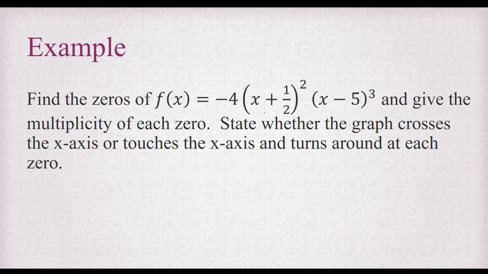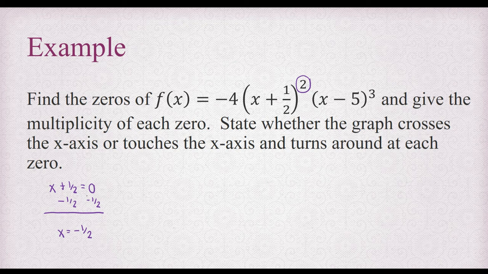But what I have in parentheses, x plus a half, I want to set that equal to 0. So x plus 1/2 equals 0. So I can then very easily solve for x. I just need to subtract a half. So x equals -1/2 is one of my zeros. Now, because it was quantity squared, I really technically have that parentheses 2 times.